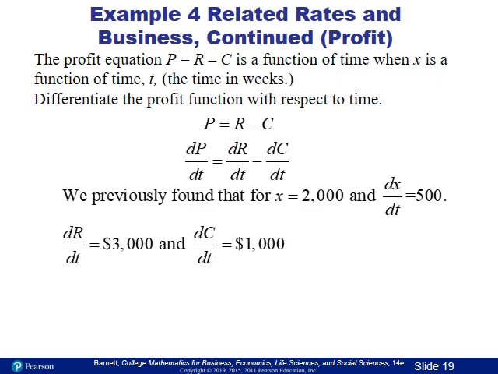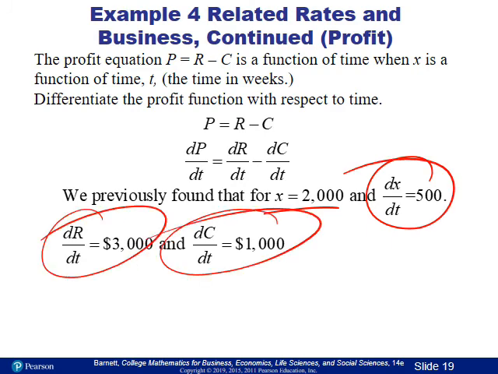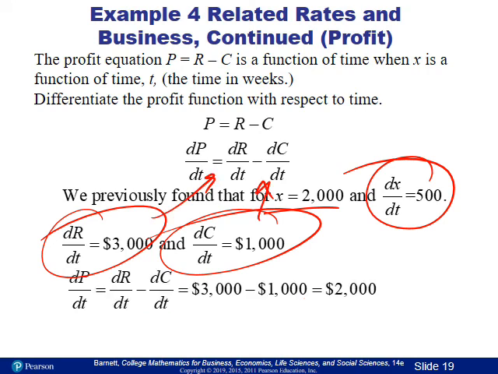You can see it here. We previously found, when x is 2000, dx/dt. So dR/dt is this and dC/dt is already obtained in the previous slide, and substitute them here and you can get dP/dt, the rate of increase in the profit, when production is 2000 flash drives.